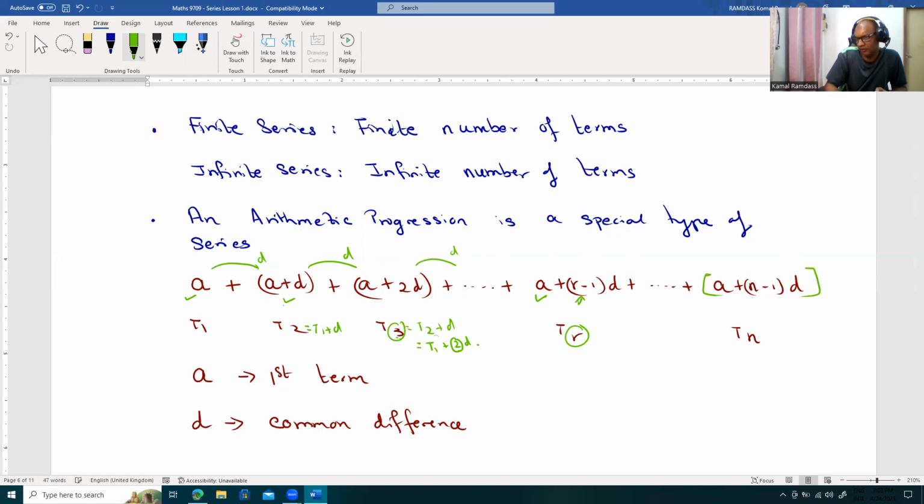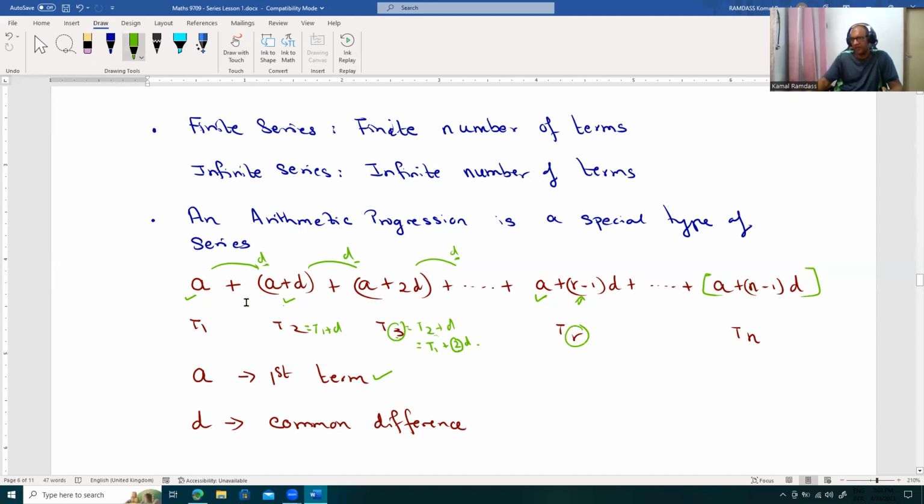A is the first term. And every time we are adding a number, a fixed number, and we call that the common difference, because the next term minus the previous term is the same for all consecutive terms.